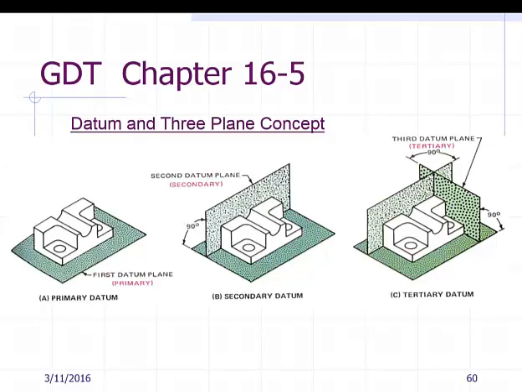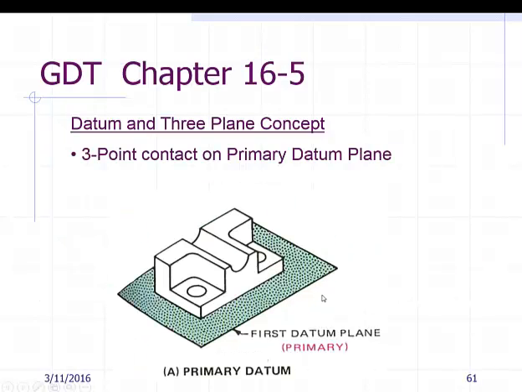But in keeping with the idea that these parts aren't exactly perfect, if you think about it even from a microscopic level, there's all these different points that are sticking out different distances. And so when you're placing it on the first plane, it's basically making a 3-point contact. With all those different microscopic variances in the part, 3 points are going to be touching the plane.